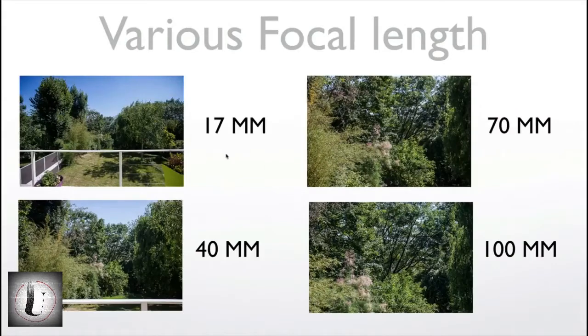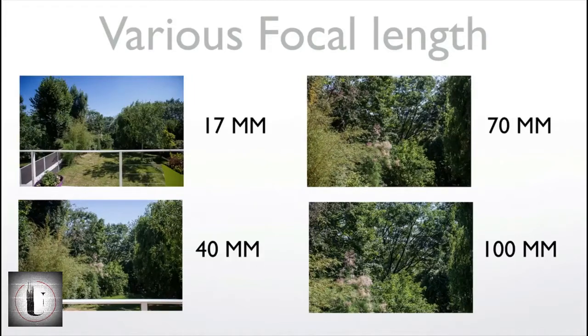Let me show you an example. I put my camera on a tripod and I just changed some lenses on it. First, I took a 17 millimeter shot. It's a wide angle shot, so the lens is only 17 millimeters away from the chip, to make it simple, and it's very wide, you can see a lot of the scene.